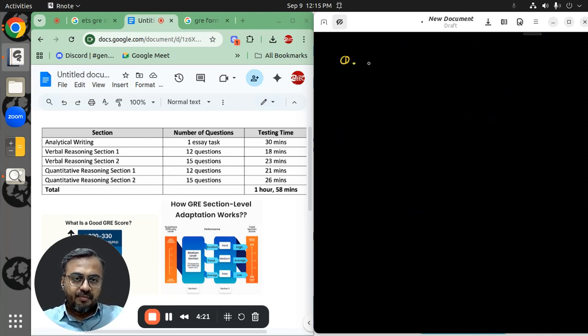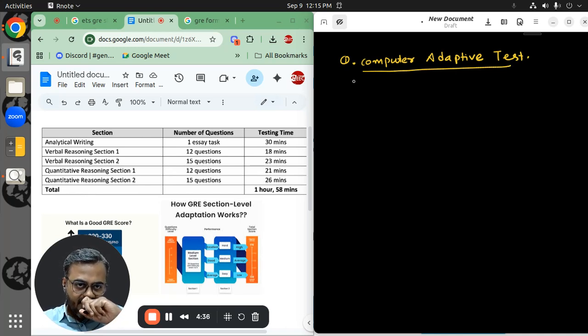First, this exam is a computer adaptive test. It is a computer delivered test, but computer adaptive. That means the first section of each, verbal reasoning and quantitative reasoning, will be of medium difficulty level. Now, in that medium difficulty level, if the student has performed really well, then the next section will be of hard difficulty level.